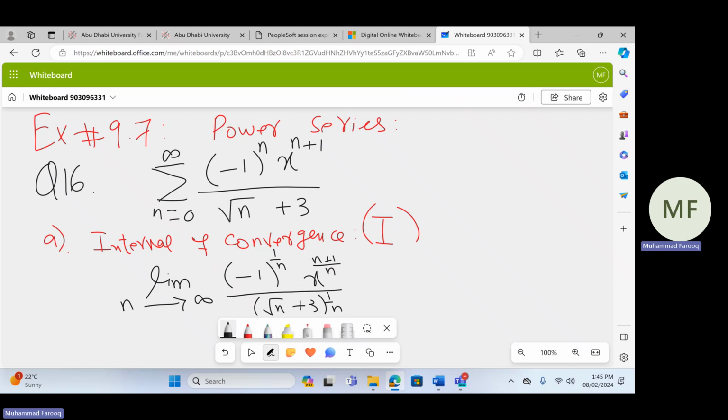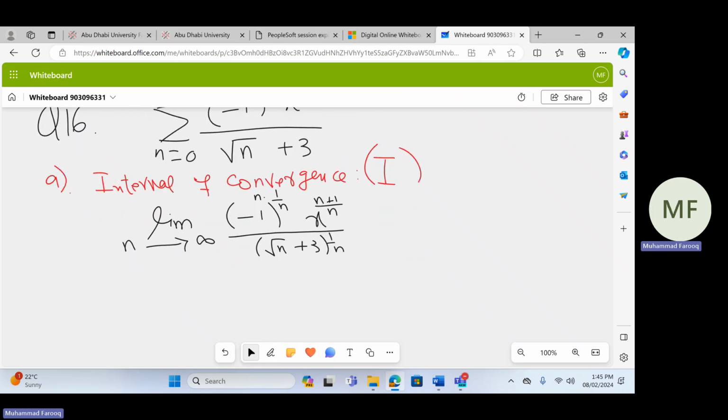In the numerator, I have a product, so I can put them separately. We have (-1) to the power n, x to the power n plus 1. When we take the nth root, the power n is cancelled. Exactly, -1 power n, and then I calculate the nth root, and it has absolute value as well.